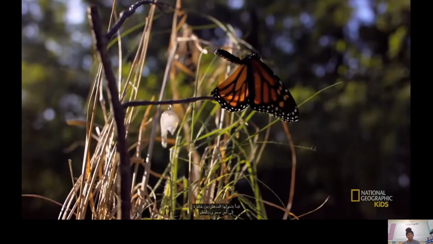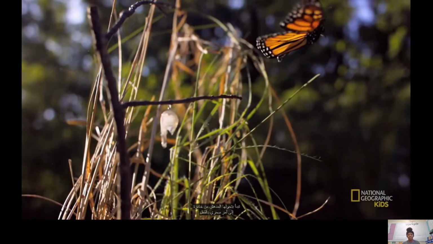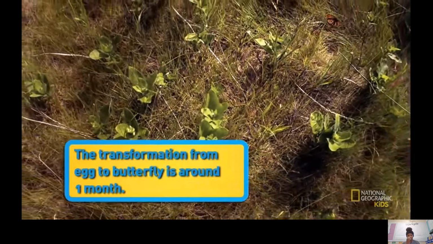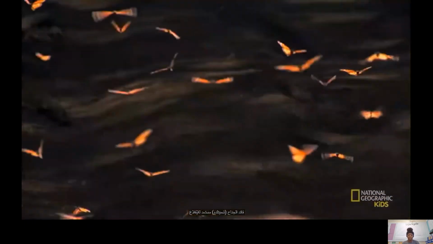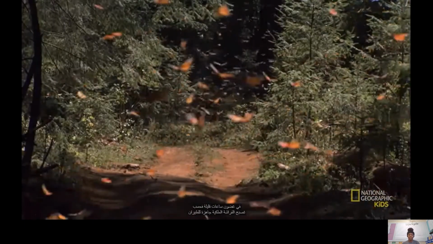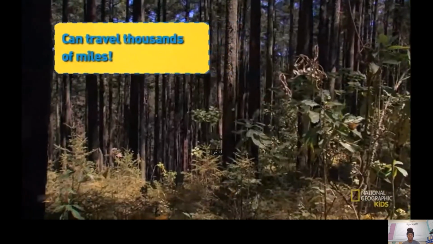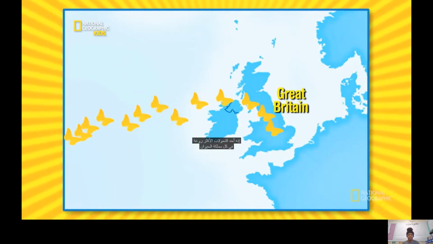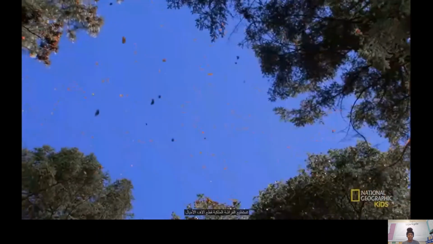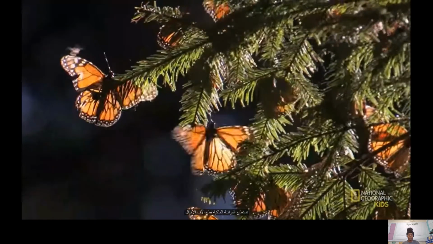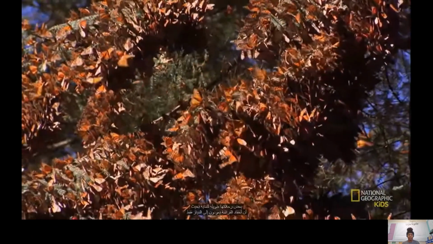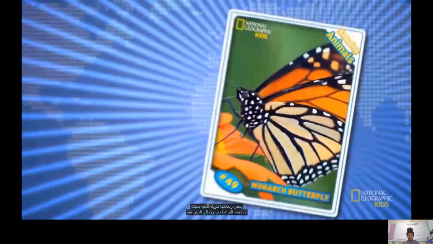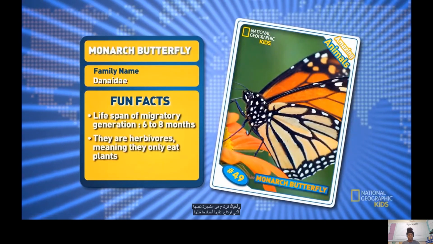In only a matter of hours, the monarch is ready to fly. I'm free! From baby egg to butterfly in just around a month, it's one of the most startling transformations of the whole animal kingdom. The monarch butterfly can travel thousands of miles. Whee! And when the wind is right, even to Great Britain. Welcome to Great Britain. Some of the journeys are so long, only the butterfly's grandchildren get to make it home, sometimes resting in the same tree as their grandparents before them. There's some space on this branch, Keith. Oh, great, man. Everyone is here. The monarch butterfly certainly deserves to be called an amazing animal.